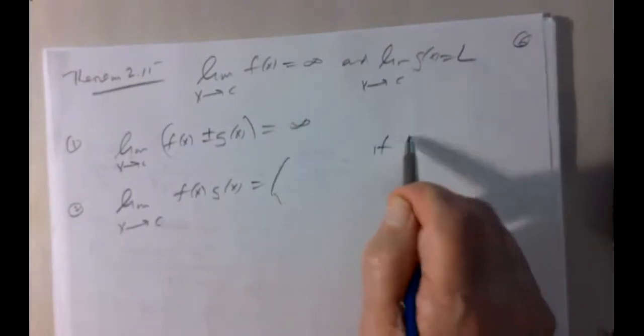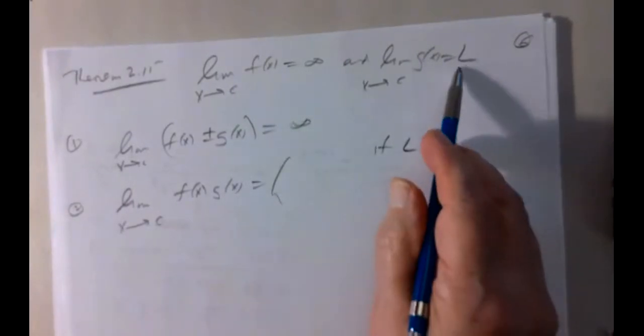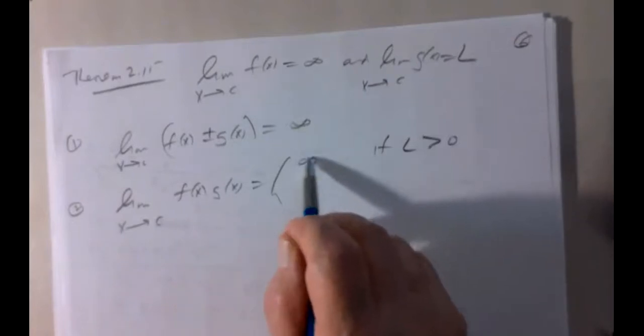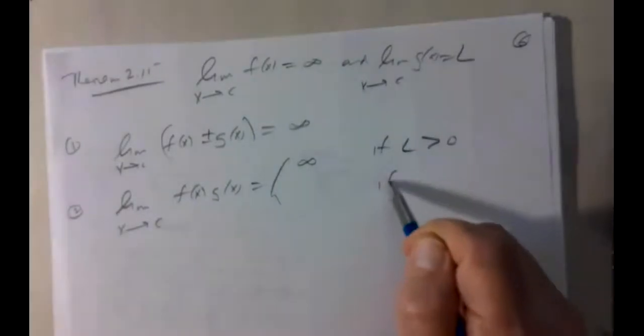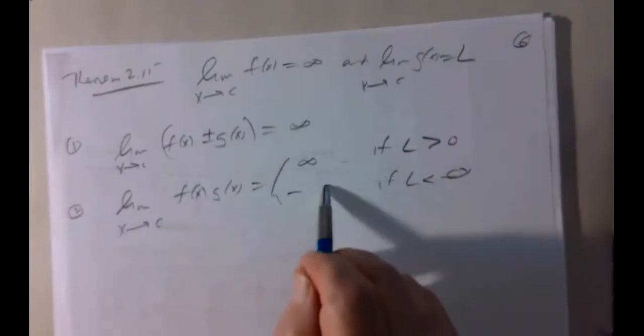If we take the product of these two functions, if L is positive, this is going to infinity times some positive number, which is infinity. But if L is negative, something going to plus infinity times something negative switches it to going to minus infinity.